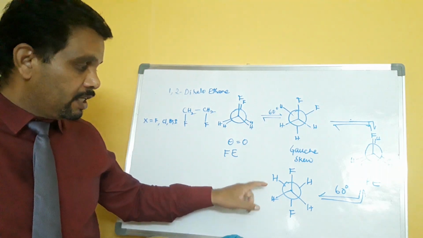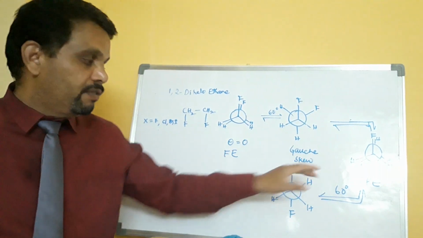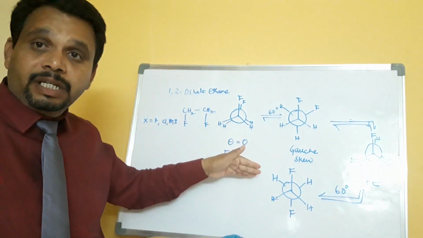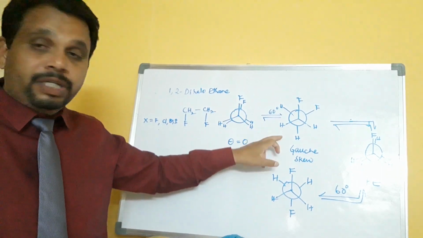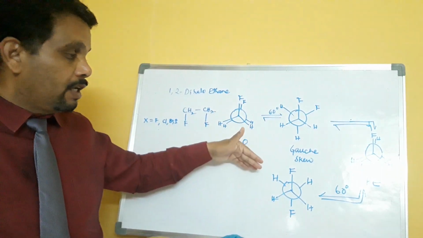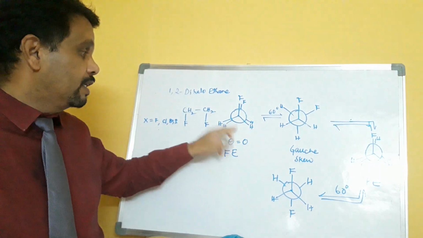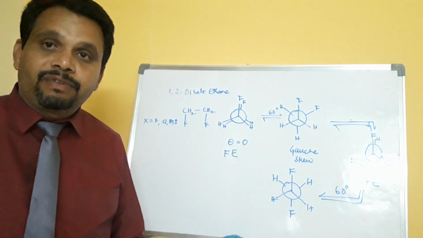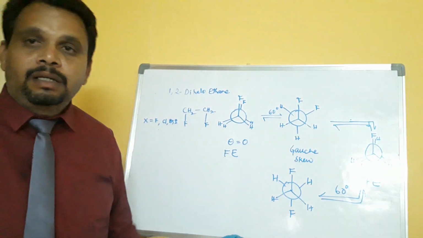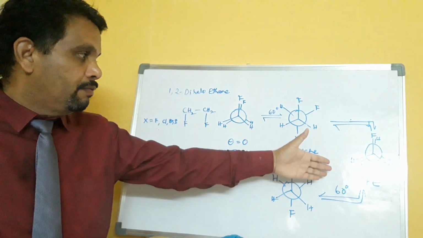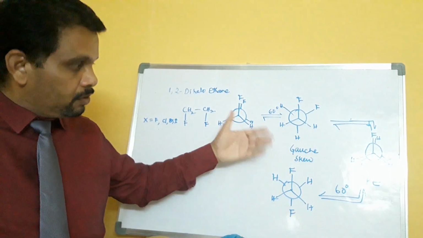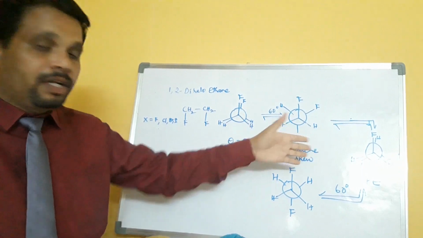Again, if you rotate 60 degrees, you will get the partially eclipsed conformer. Then if you rotate 60 degrees, you will get the gauche conformer. Again, if you rotate 60 degrees, you will get the fully eclipsed conformer. So those we already wrote, so they are similar to these.